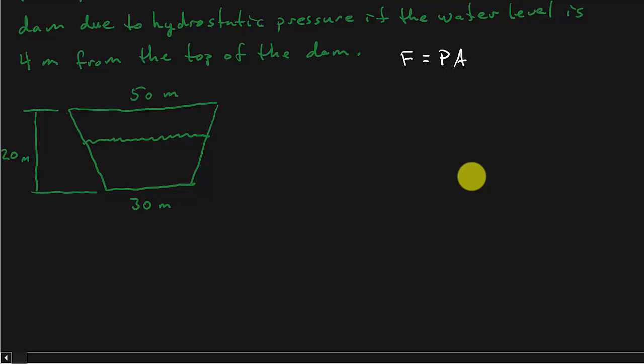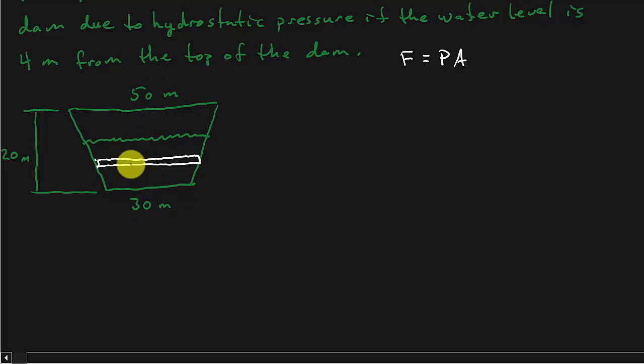All right, so let's set up our equation. That's what we've got to find. Okay, so what we want to do is draw a rectangle here. I don't care about the entire plate that's underwater.